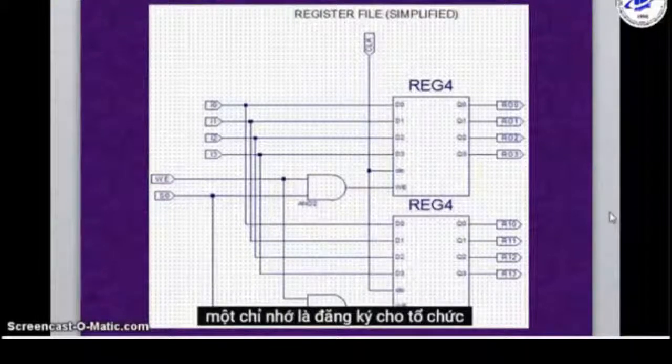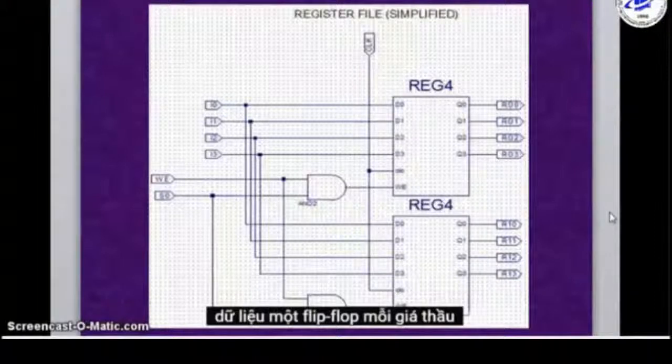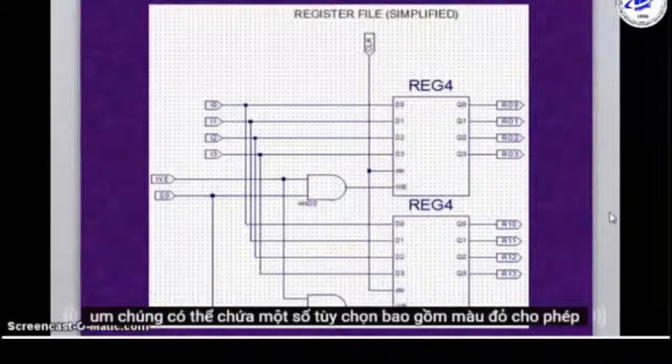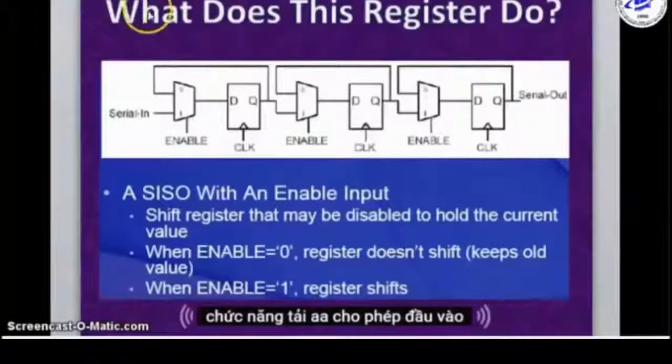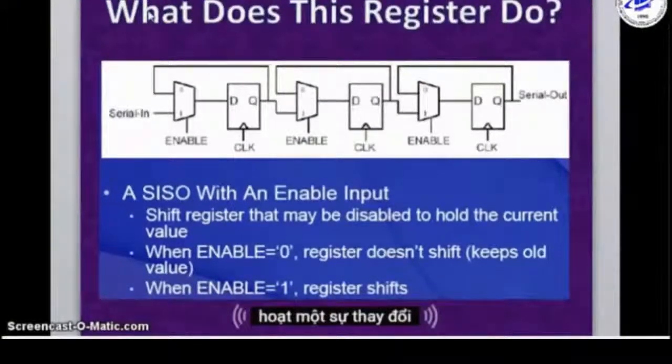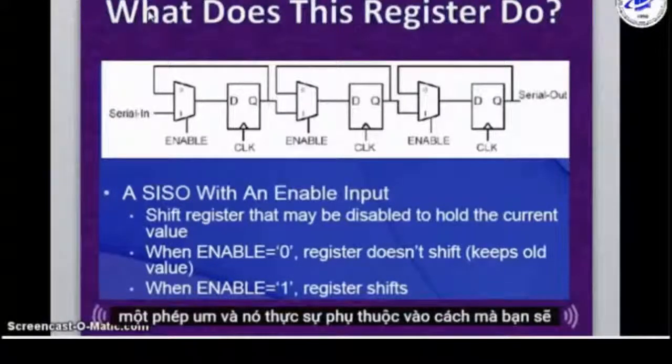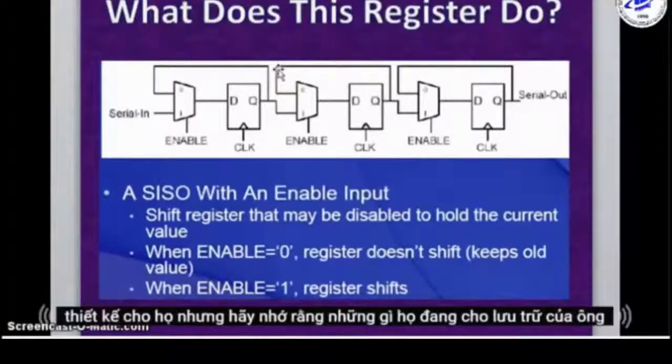Just remember, registers are for holding data, one flip-flop per bit. They can contain several options, including write enable, a load function, an enable input function, a shift enable, and it really depends on the way that you design them.